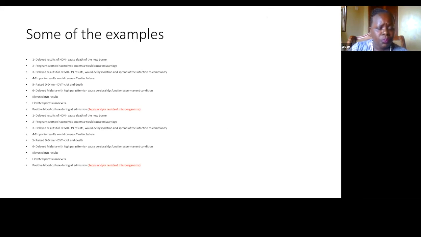So this is quite a busy slide, but it's showing some examples in case there's delayed care or delayed testing. One of them can be hemolytic disease of the newborn if we delay results of compatibility testing. Anemia in pregnant women can cause miscarriages. Delayed results of COVID can cause delayed isolation and spread of the infection to the community.